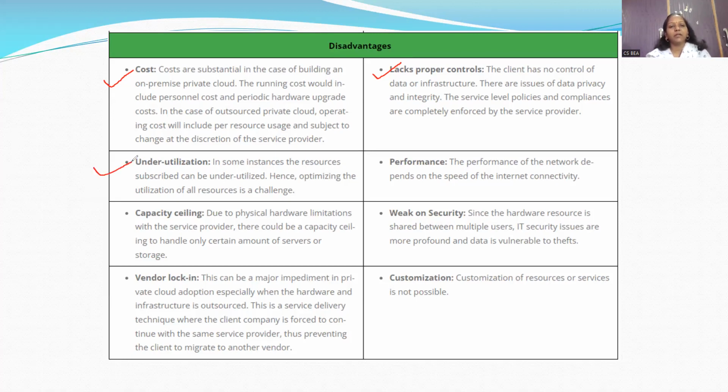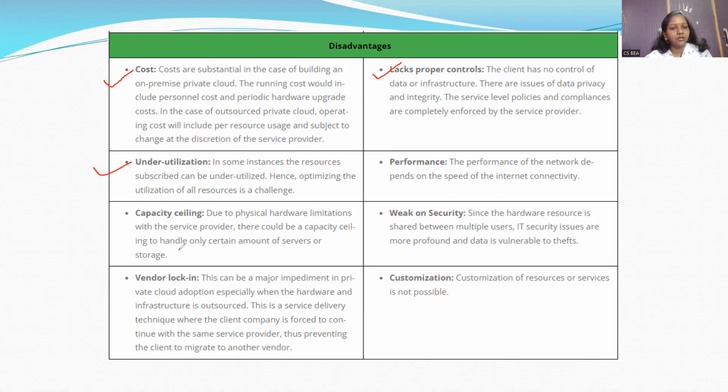Here in case of private clouds, there is underutilization. That means in some instances the resources subscribed can be underutilized. Hence optimizing the utilization of resources is a challenge. Optimizing the utilization of the resources means minimum use of different resources will be the challenging task over here.